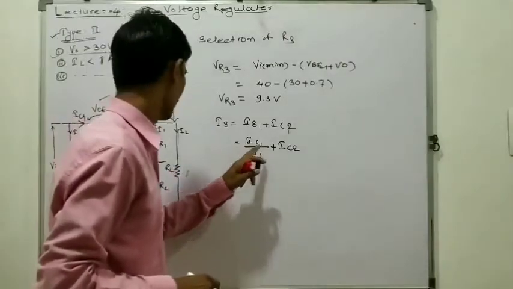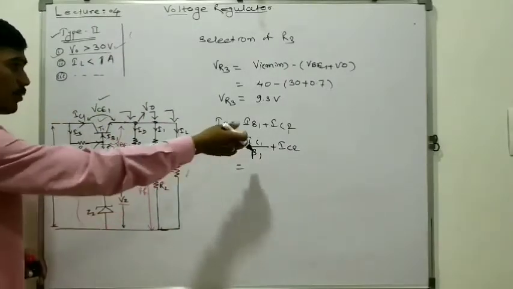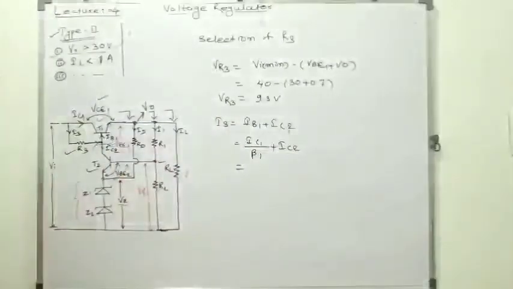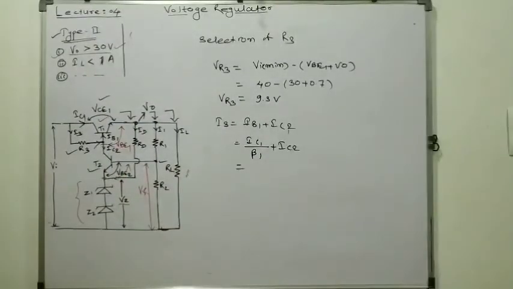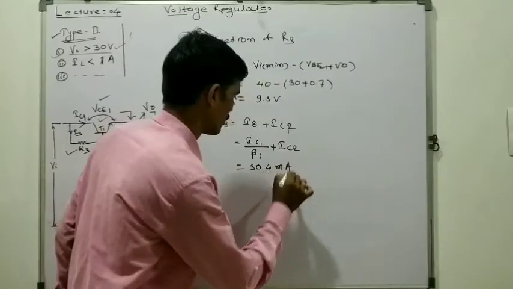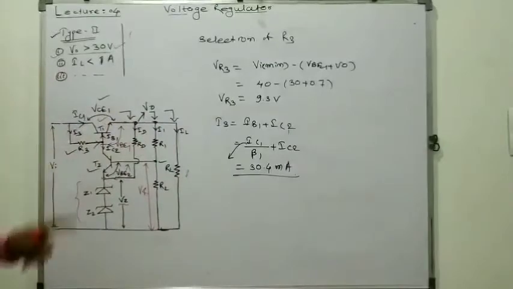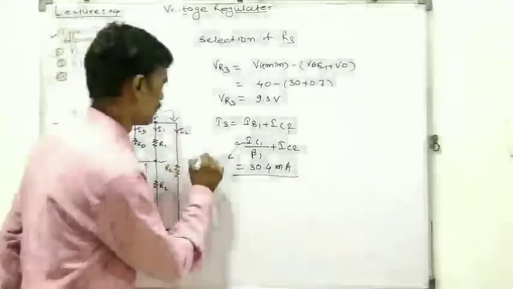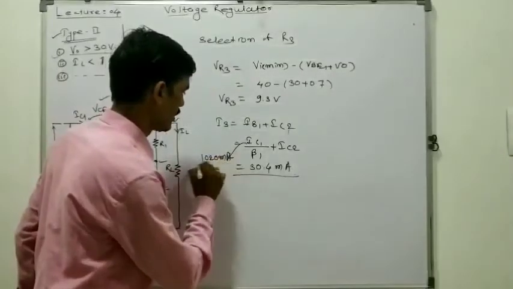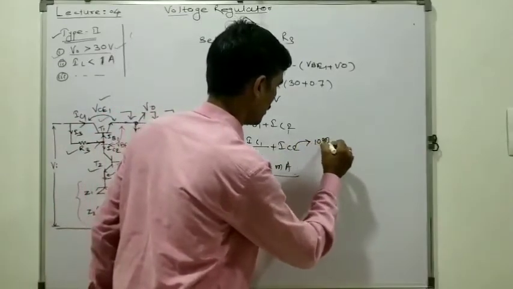We know the value of IC1 is 1020 milliampere, which we got while selecting transistor T1. Beta1, we are also considering equal to 50, that is HFE equal to 50. By putting this value, we directly get the value of I3. So put IC1 equal to 1020 milliampere, put beta equal to 50, and IC2 is 10 milliampere.